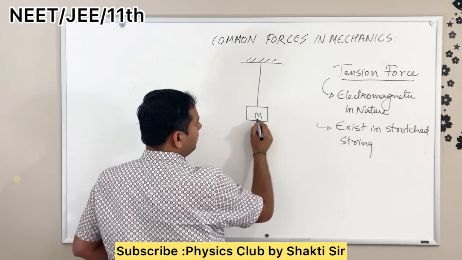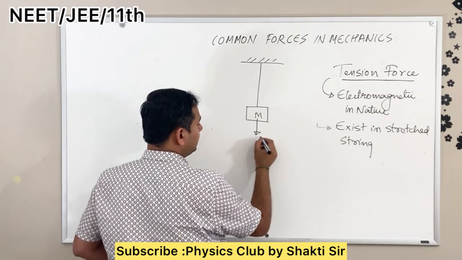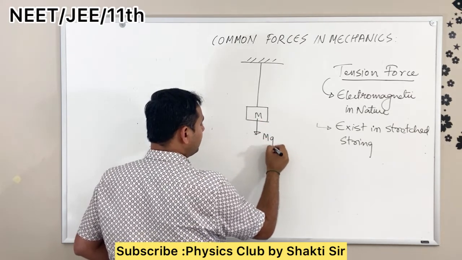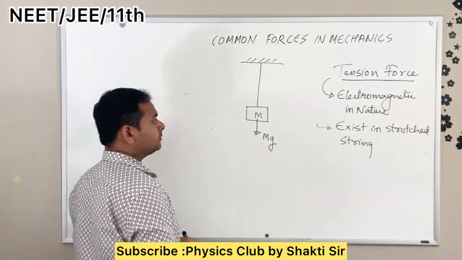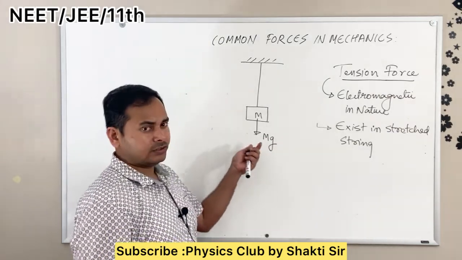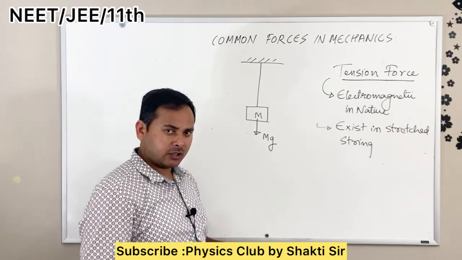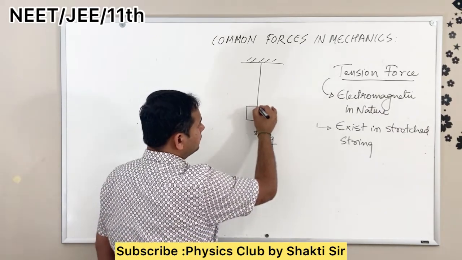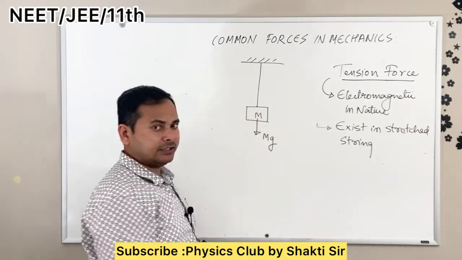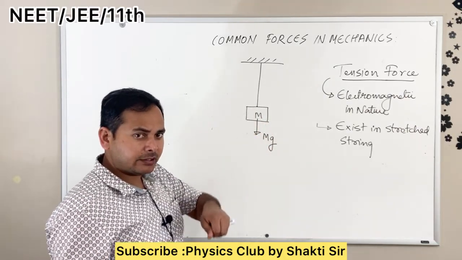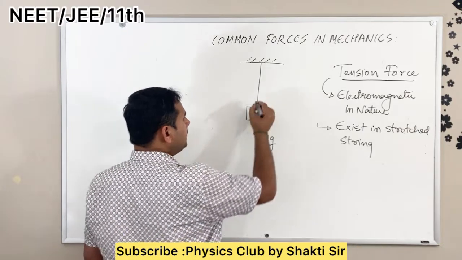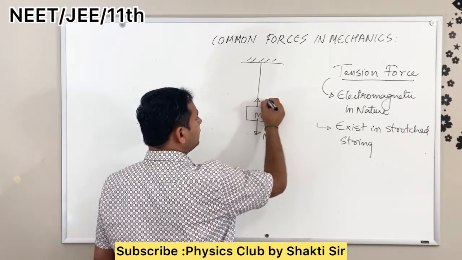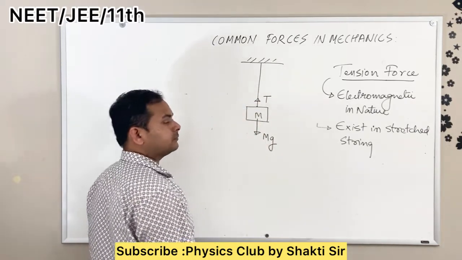The gravitational force is acting on the block in the downward direction with force mg, that is the weight of the block. But this block is at rest, it is not moving downward. Why is it not moving downward? Because the string is attached to it and the string is holding the block with a force called tension force T.